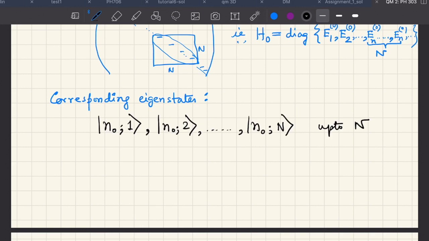All these states are going to form an orthonormal basis. That is important.